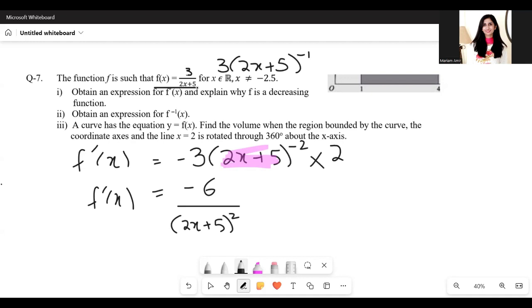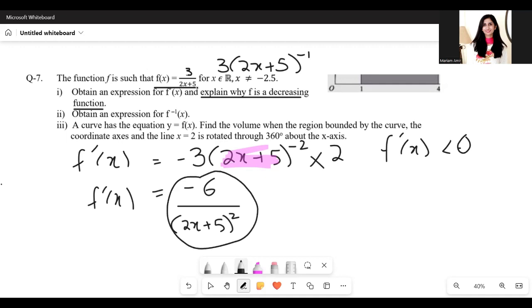It says, explain why this is a decreasing function. A decreasing function is when f prime x is negative, less than 0. Is this always negative for every value of x? Yes, it is, because if x is positive, because of the minus 6, this stays negative.